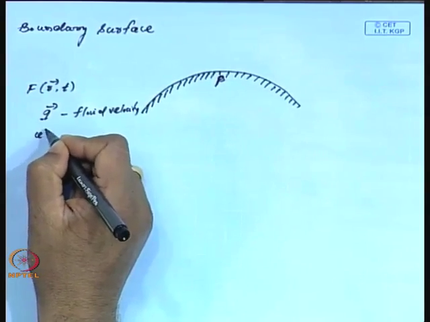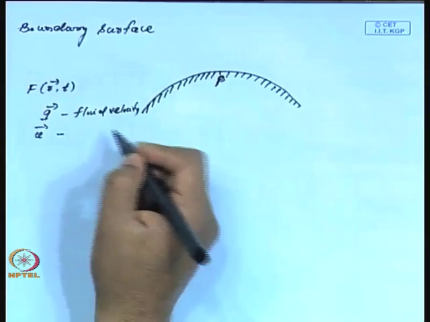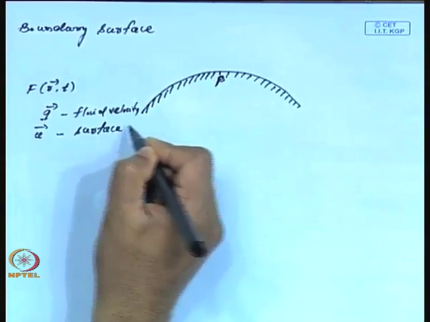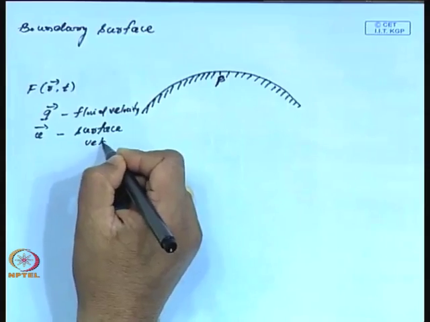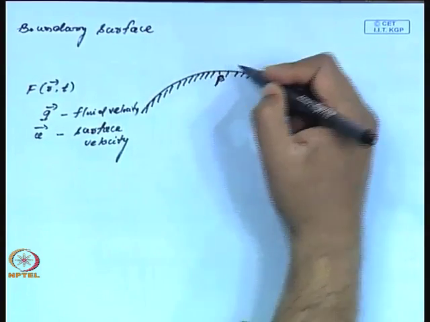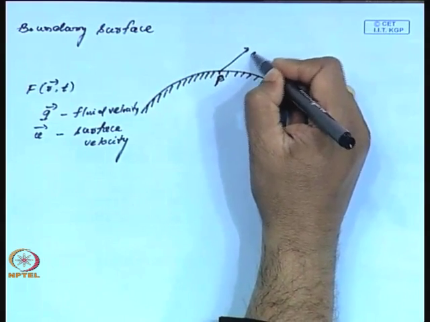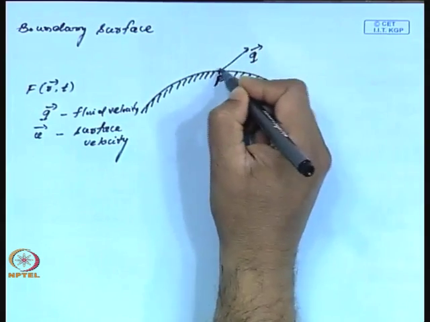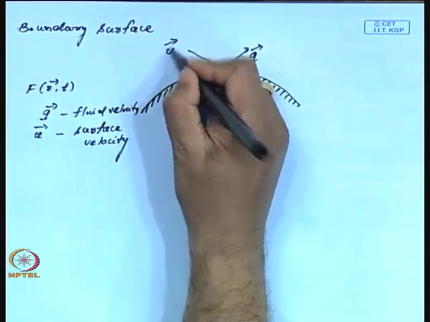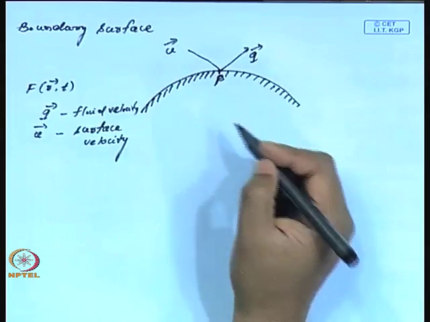Let u bar be the surface velocity. So at this point, there is a fluid velocity q bar, and the surface velocity is u bar. The fluid is moving with velocity q, and the surface itself is moving with velocity u bar.